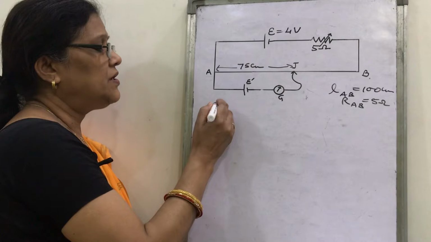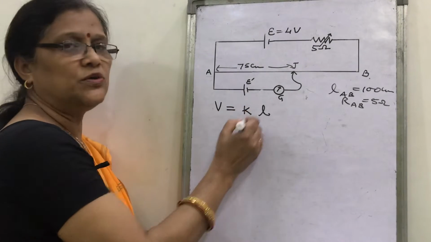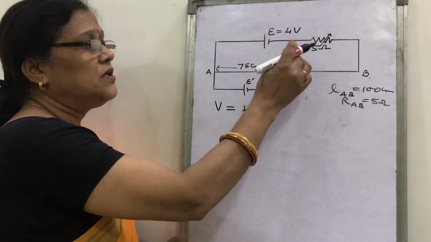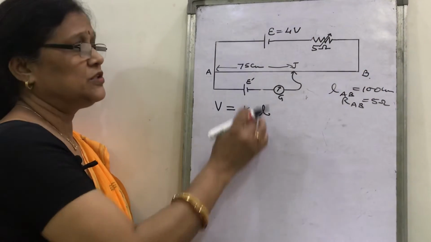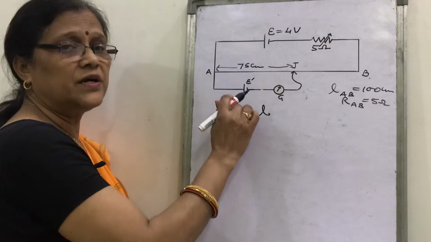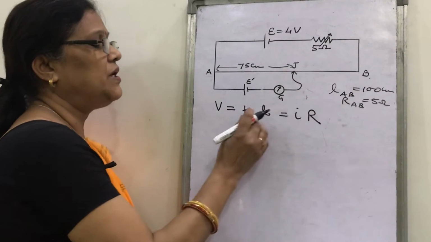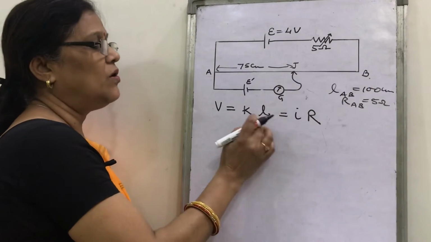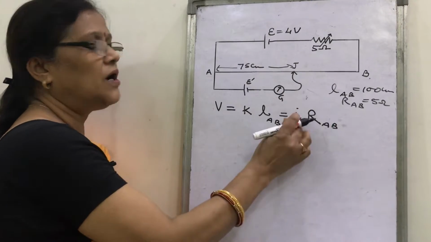So here, you know that V equal to KL, where L is the length of the potentiometer wire. Suppose the current in the circuit drawn from the driver cell is I. So you can also write that V equal to IR across the potentiometer wire length AB. But how to find I?